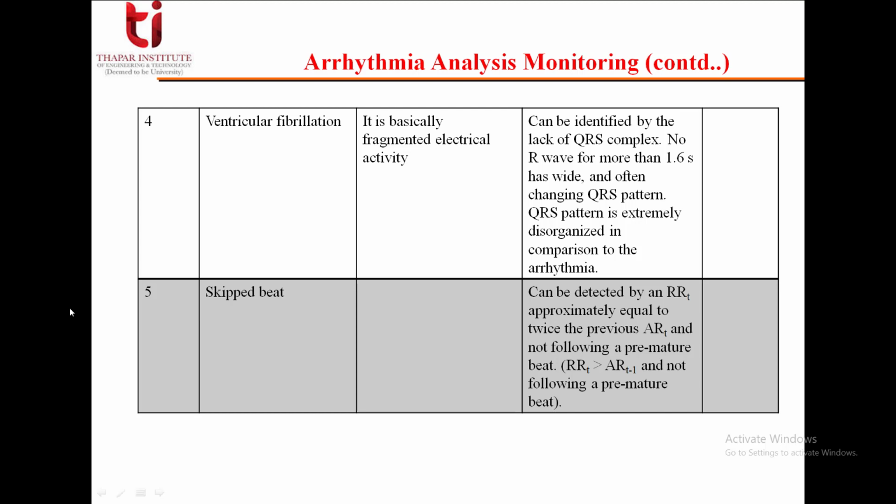It is basically fragmented electrical activity. It can be identified by the lack of QRS complex: no R wave for more than 1.6 seconds, with a wide and often changing QRS pattern. The QRS pattern is extremely disorganized in comparison to arrhythmia.